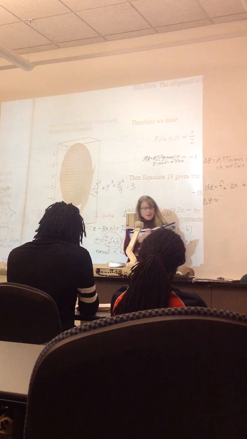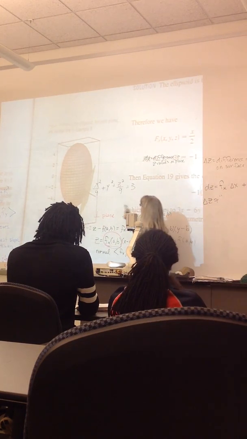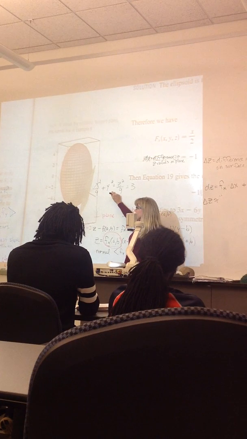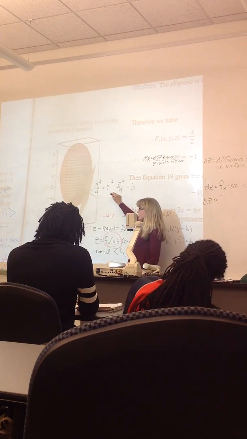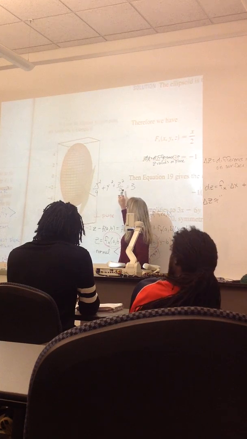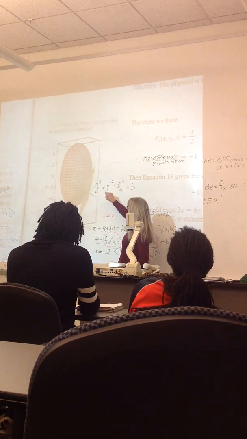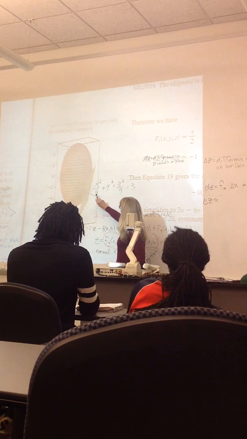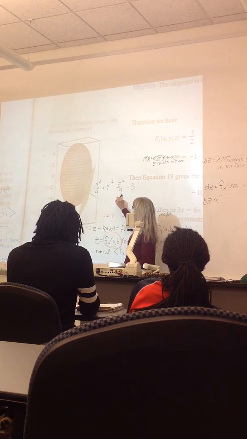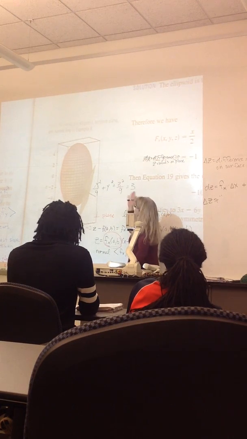If you remember from section 12.6, we were learning about quadric surfaces and cylinders. I can tell this is an ellipsoid because all of the variables are squared and of the same sign on the same side of the equal sign. It's not a sphere because this coefficient doesn't match that coefficient, doesn't match this coefficient. So yes, this is an ellipsoid.